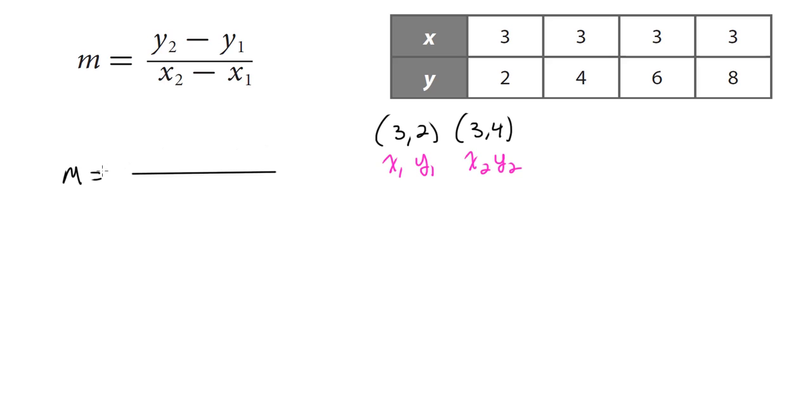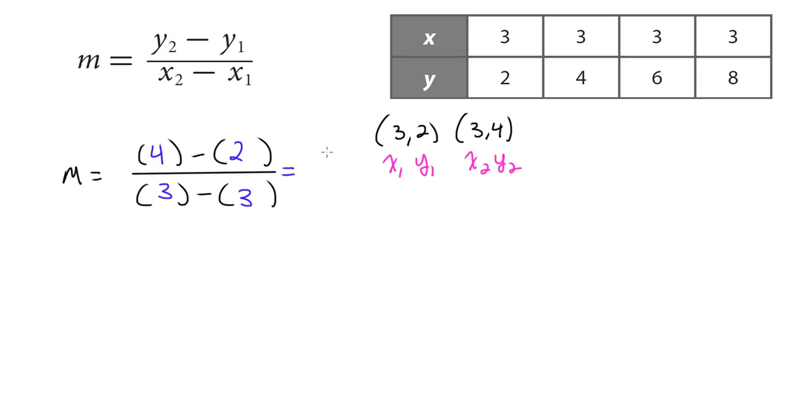Now I'm going to write the slope formula using parentheses. So y2 minus y1 over x2 minus x1, and I'm going to plug in my values. So y2 is 4 minus y1 is 2 over x2 is 3 minus x1 is also 3.